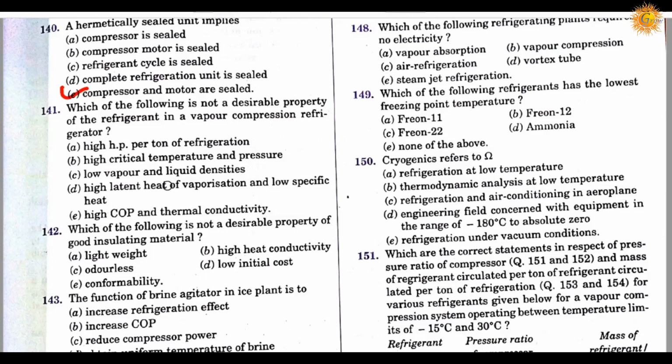So the correct answer is A. High horsepower per ton of refrigeration is not a desirable property of a refrigerant in a vapor compression refrigerator.